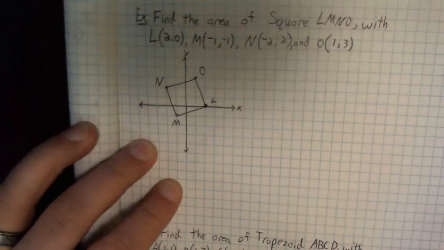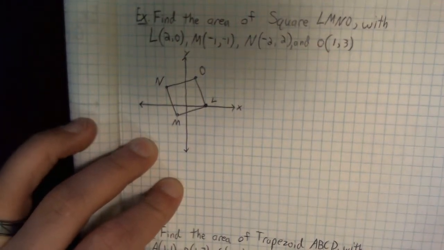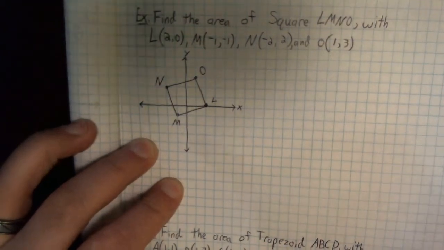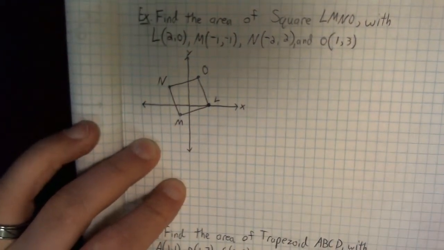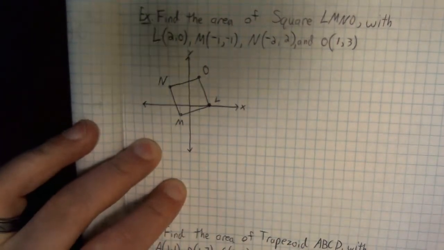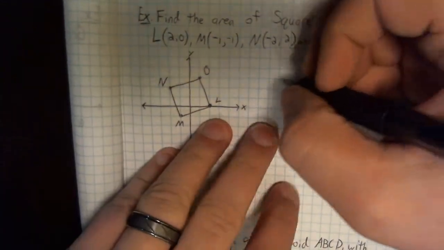Now, we can't just count the sides on this square. They're not perfect vertical or horizontal, so we can't just count the units. We can use the distance formula, or if you so choose, the counting principle, that's fine too. I'm going to use the distance formula, with LM as one of my sides.